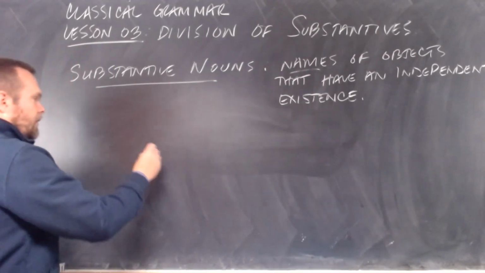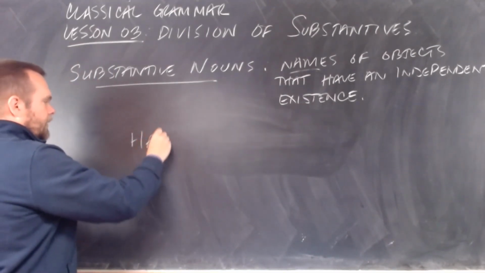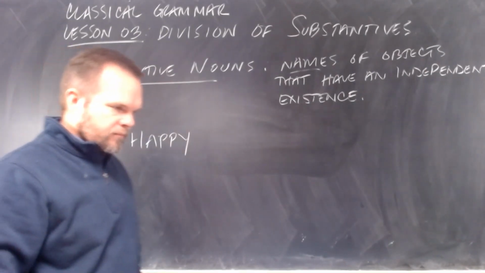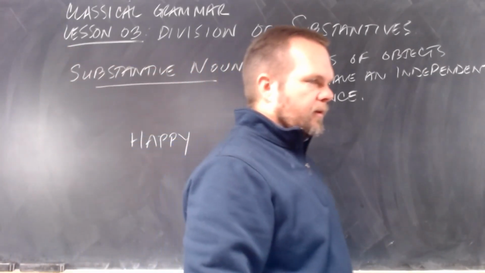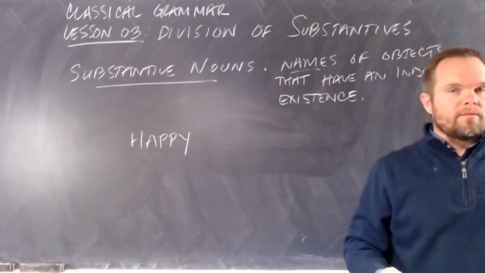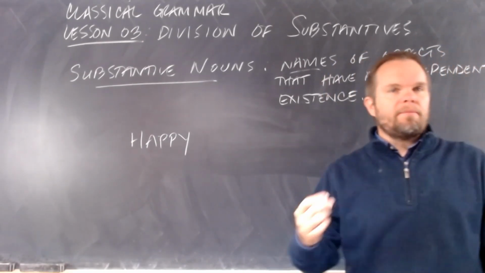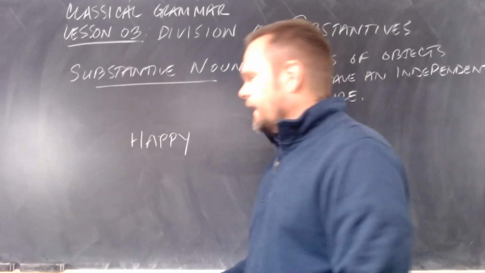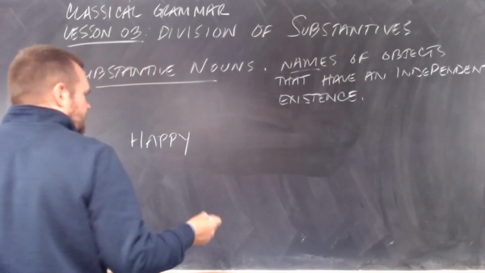If I write the word happy, can happy exist by itself? No, it can't. Something has to be happy, right? If I say the word happy, that can't exist by itself.